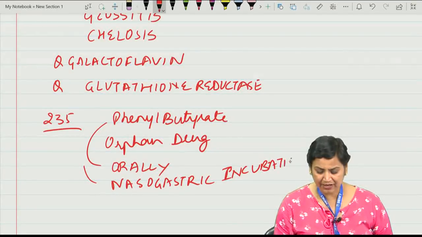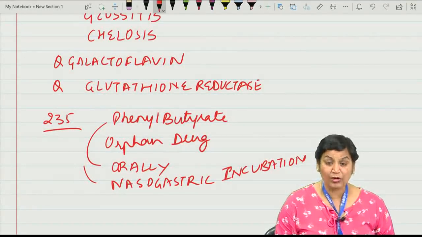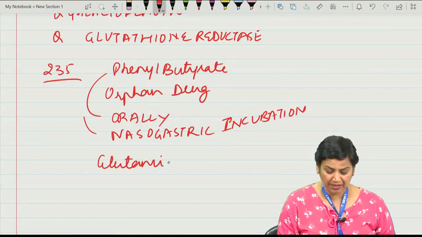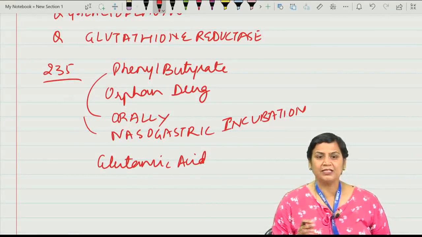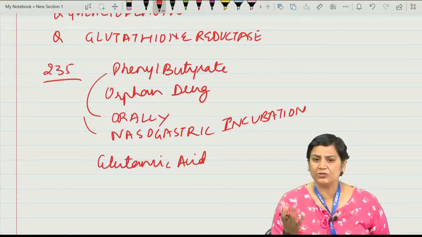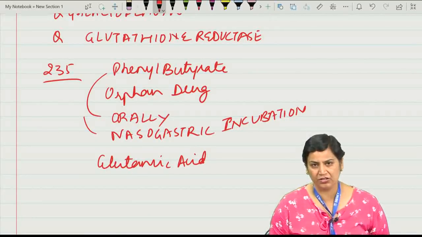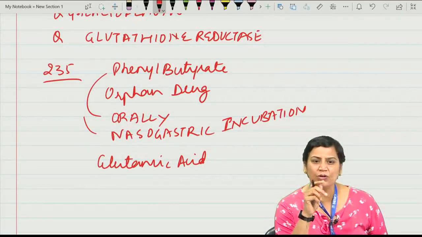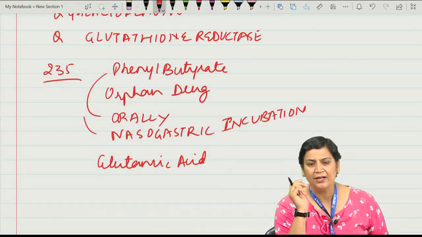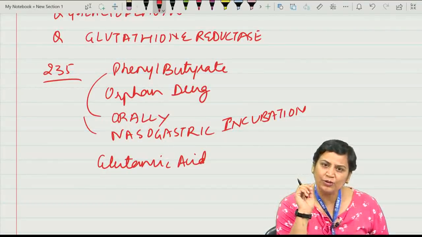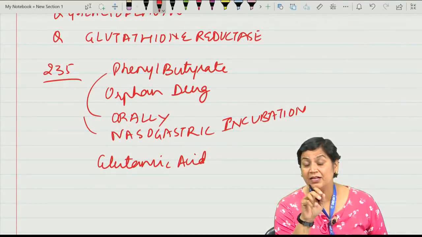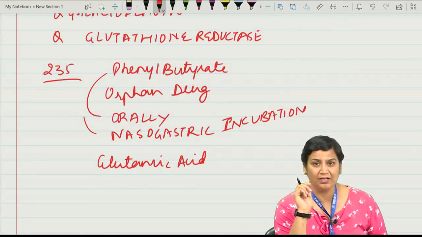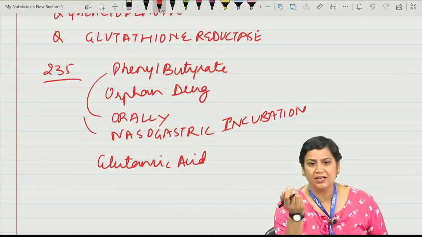So basically what it is doing is it is combining with glutamic acid, because all of you know glutamic acid or glutamine. Glutamic acid is the major amino acid which is produced as a result of all the transamination reactions, and this glutamic acid finally undergoes transdeamination to remove this toxic ammonia, and it is converted to alpha ketoglutarate. Then this glutamic acid helps in the transportation of this toxic ammonia also by forming glutamine in the presence of glutamine synthetase.